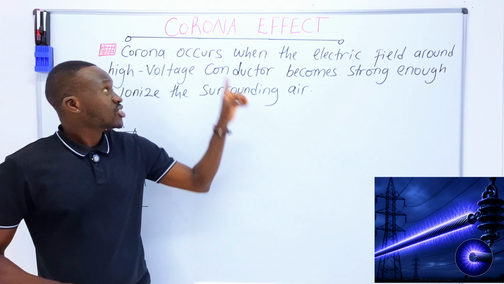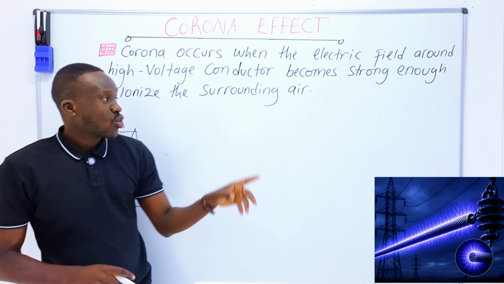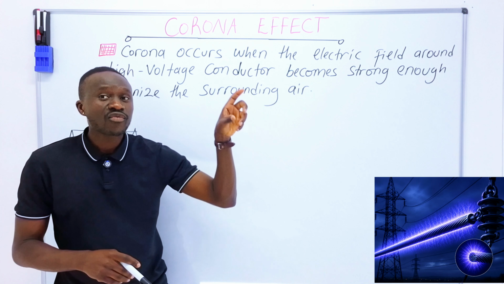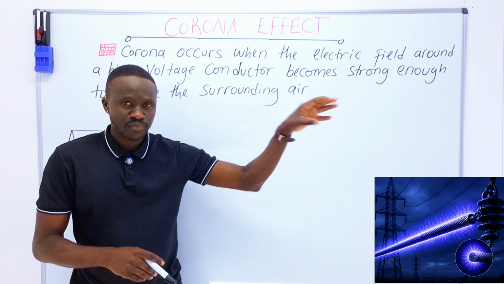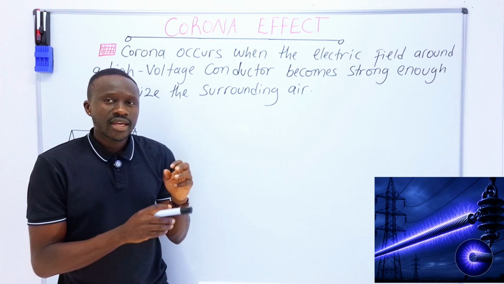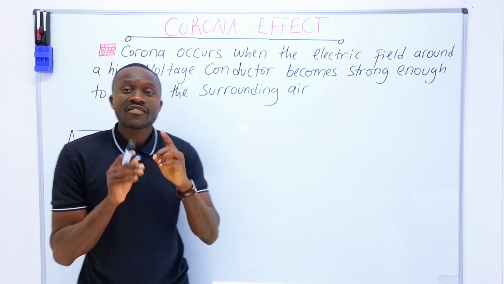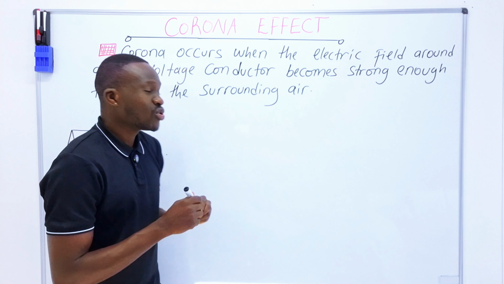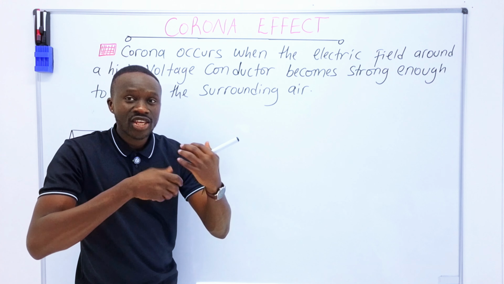This corona effect causes that bluish color on the high voltage transmission cables, on the transmission lines or tower, when they are very strong.